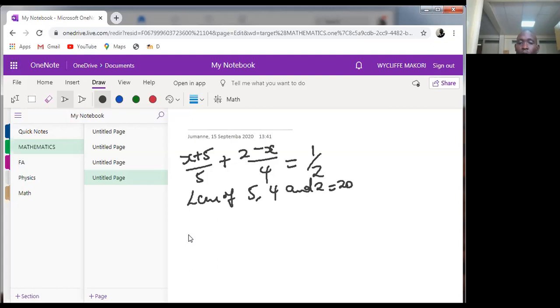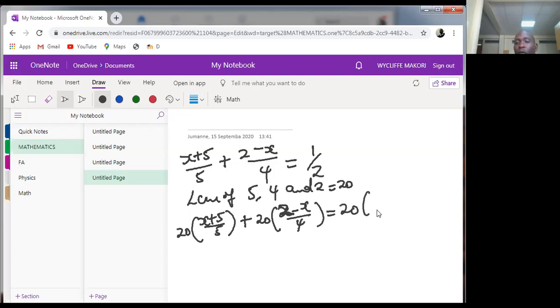So we are going to have 20 into x plus 5 over 5 plus 20 into 2 minus x over 4 is equal to 20 into 1 over 2.